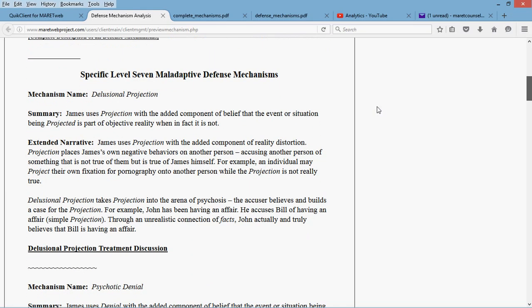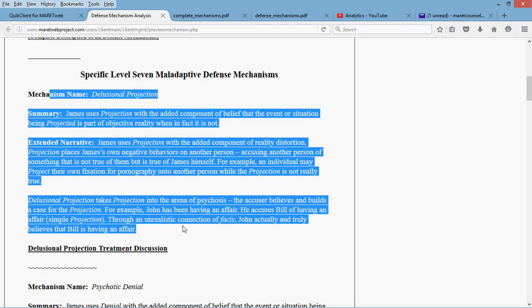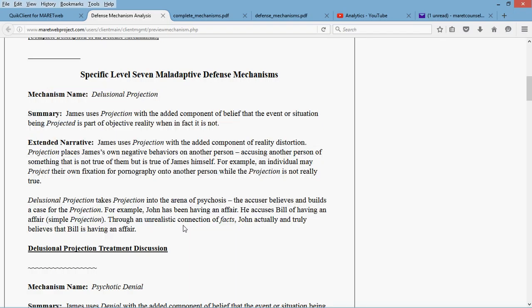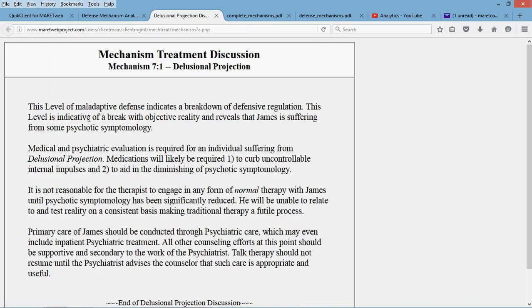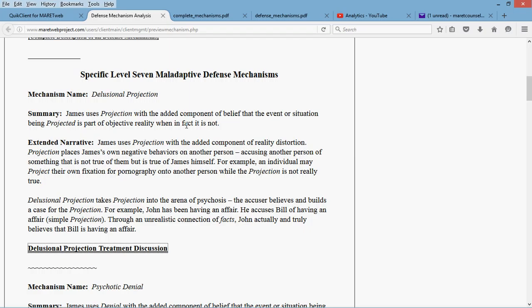And then underneath here, starting with 7 going down to 2, we're going to talk about all of this stuff related to each one of the areas where James scored out. Now you'll notice here it says delusional projection treatment discussion. If you click on that, it's going to give you discussion about treating that specific issue. You can close this window when you're done because it opened in a different window.